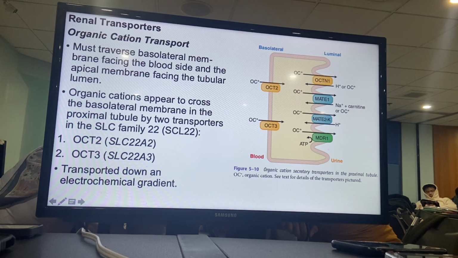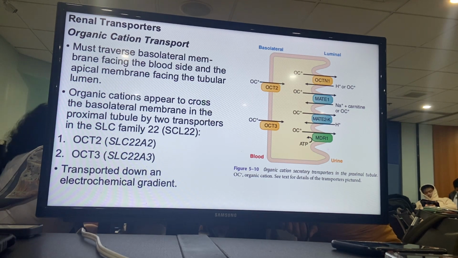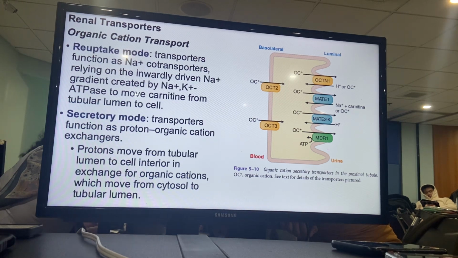The luminal faces your tubular lumen. This is the kidney. There are two transporters in the proximal tubule, SLC family 22: OCT2, organic cation transporter 2, and organic cation transporter 3, SLC22A2 and 22A3. Both of them transport cations following your electrochemical gradients.